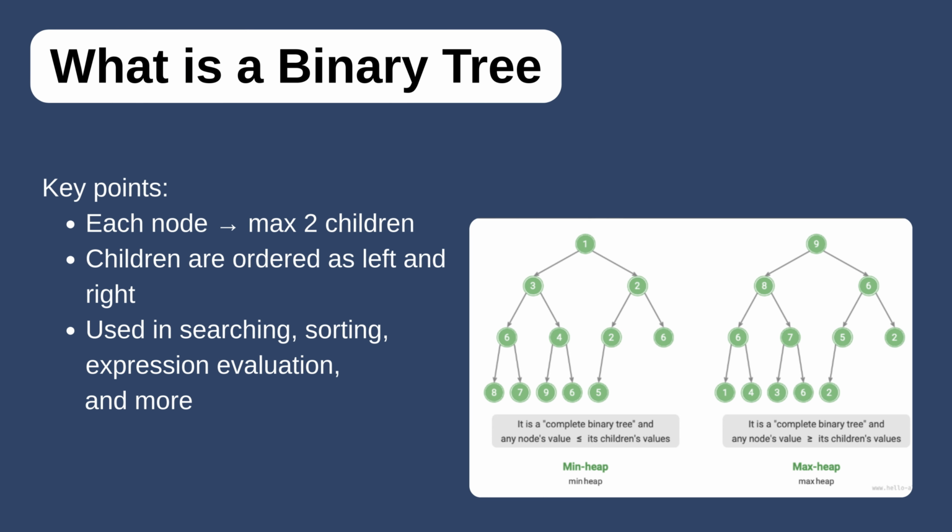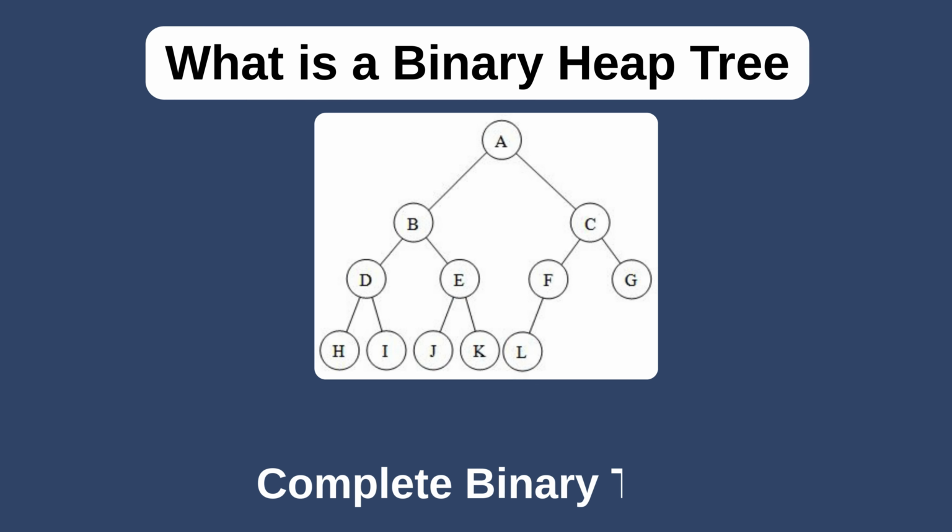A binary tree is a tree data structure where each node has at most two children. That's why we call it a binary tree. It can be unbalanced or incomplete. But a binary heap is a complete binary tree, which means all levels are fully filled except possibly the last, which is filled left to right.